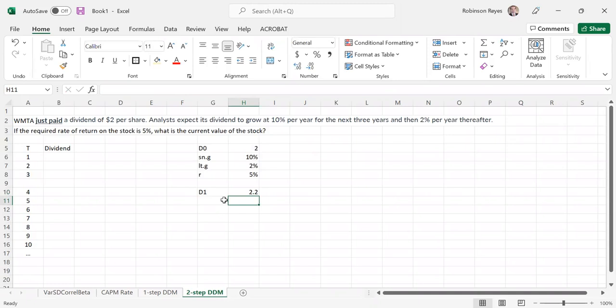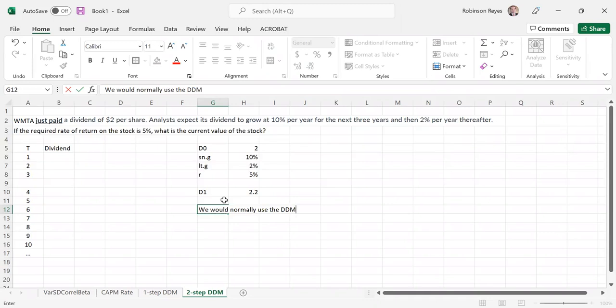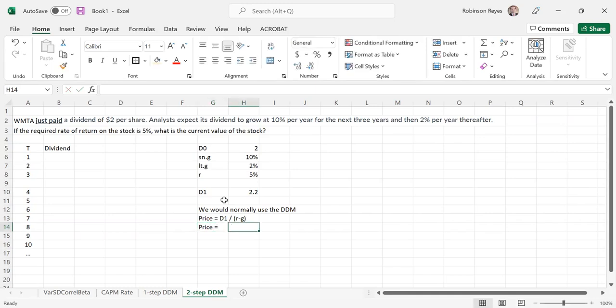That's D1. Now this is the tricky thing here. In the previous problem, in the one-step dividend discount model, we would normally use the dividend discount model. Let's try to do so, which is price equals D1 divided by R minus g. Price will be equal to D1 divided by R, 5%, minus g, 10%.